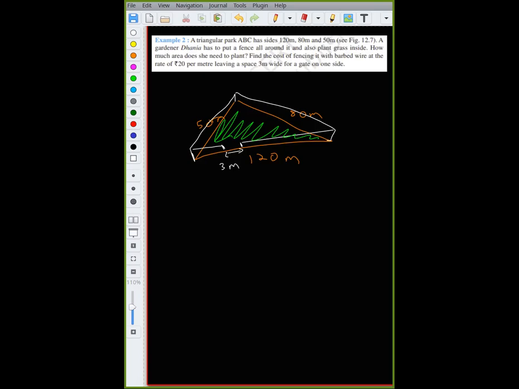So what is A, like 80 meter or 50 meter? You can take ABC, whichever you want, Arpita. Okay, sir. Doesn't matter. In Heron's formula, which three sides you take as which of ABC doesn't matter at all.